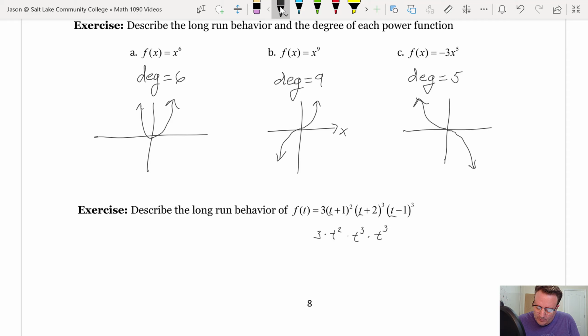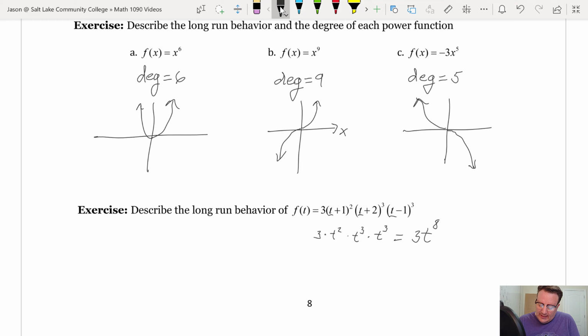And so if I were to simplify this out, I can combine all these powers of t, since they're the same base t. I just add the exponents, and I get 3t to the, let's see, that would be 8th power. Okay.